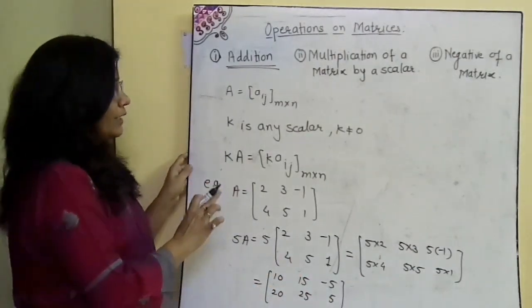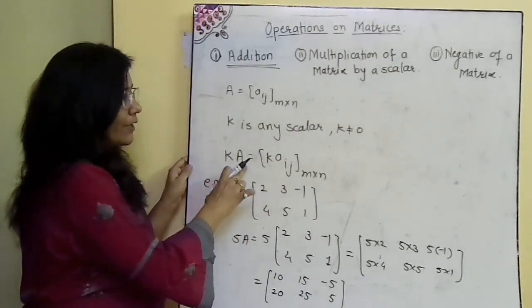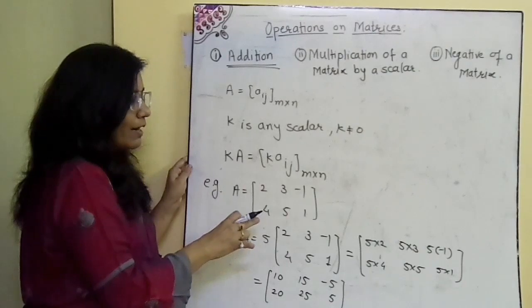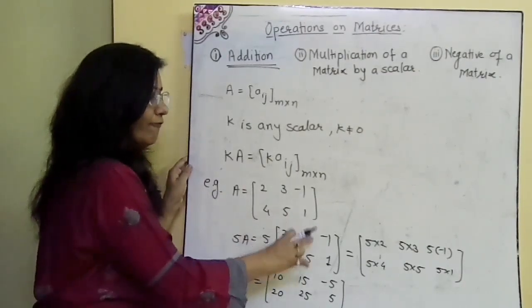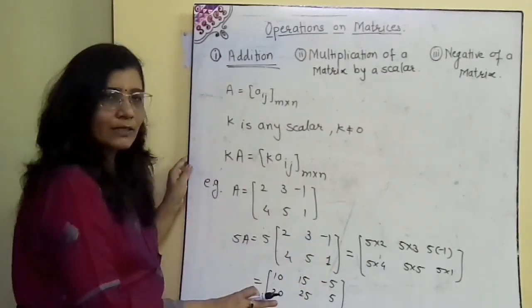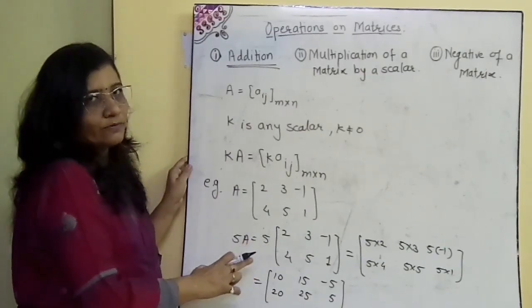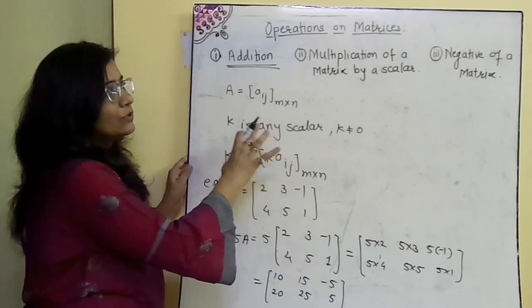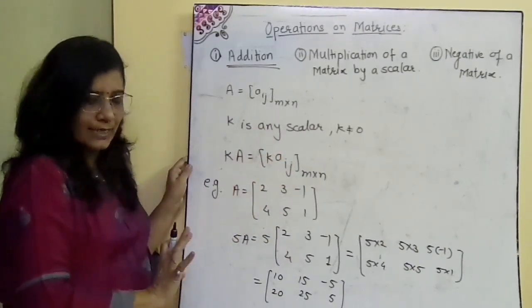So if any matrix is multiplied by a scalar quantity, then you have to multiply each and every element of that matrix by that scalar, which we are going to multiply. This is the multiplication of a matrix by a scalar.